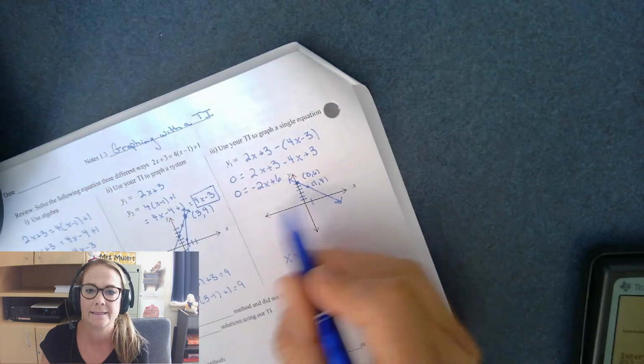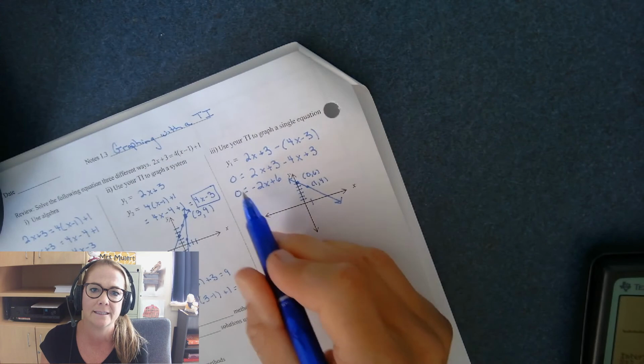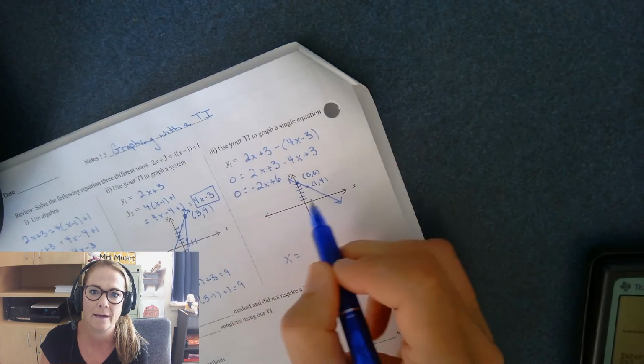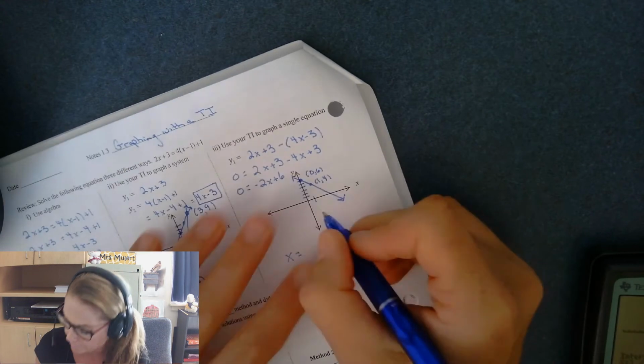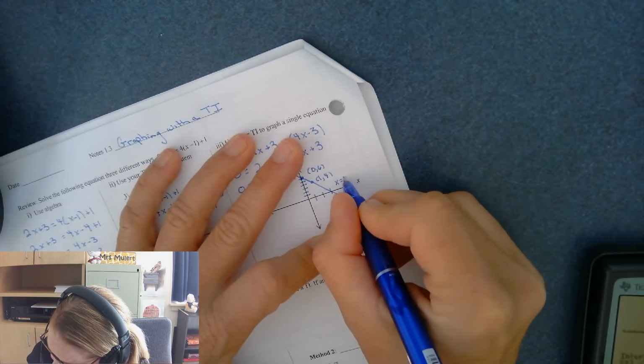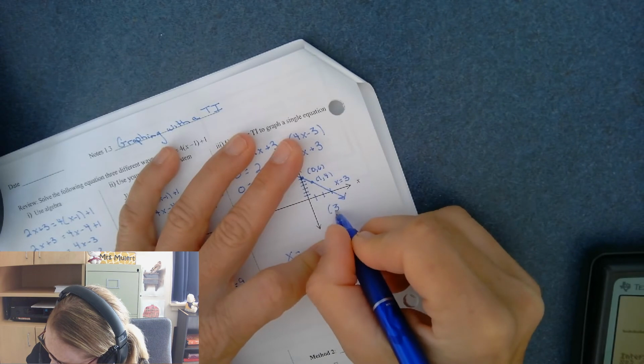So when you find what x equals, it's when y has zeroed out. You want to see where y is neither up nor down. So we're looking for this right here, and sure enough, this is going to be x equals 3 right here. That's going to be the point 3, 0.